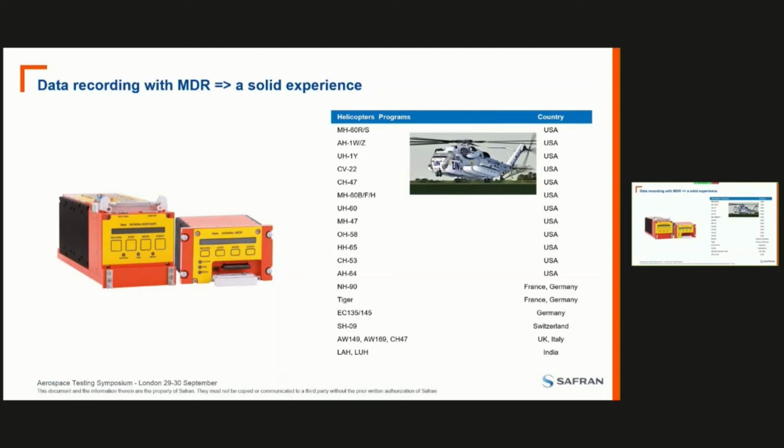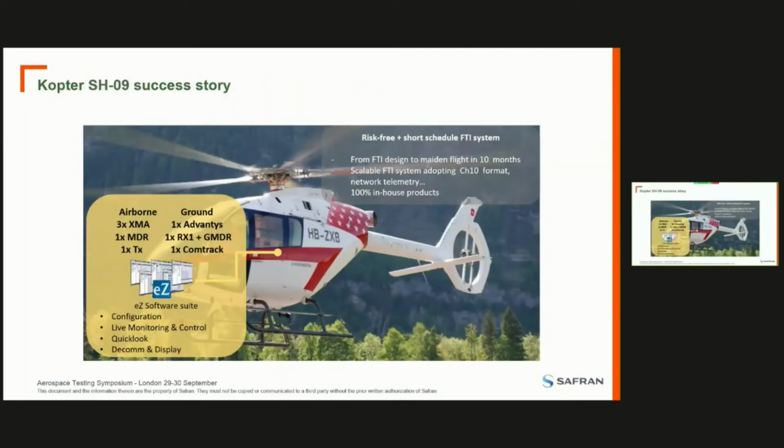And we can also mention that we have provided to Copter, a young company designing innovative helicopters in Switzerland, a complete instrumentation system: the onboard instrumentation and also the ground equipment with the DAUs, the recorders, the transmitters, the displays, and all the processing, transmitter receivers, and the complete set in order to cover their instrumentation needs for their test campaigns.